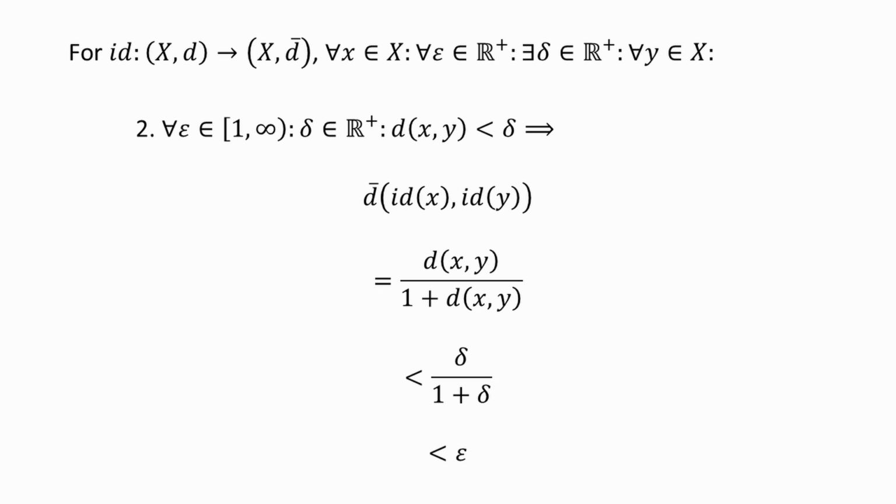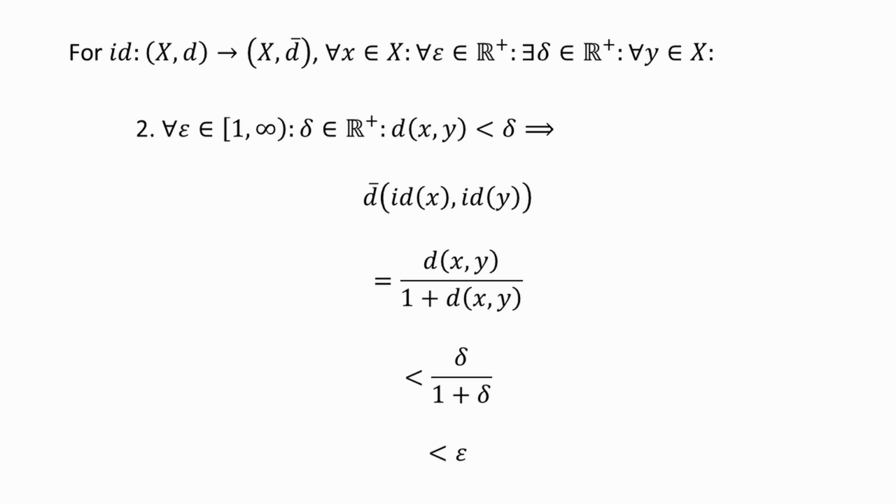Since we know that delta is in R plus, and by looking at this expression delta over 1 plus delta, if delta is approaching infinity, then delta over 1 plus delta will be approaching 1, but it will never be 1. But in this case, because all epsilon must be starting from 1 to positive infinity, it means no matter which delta we pick, it's always smaller than epsilon.